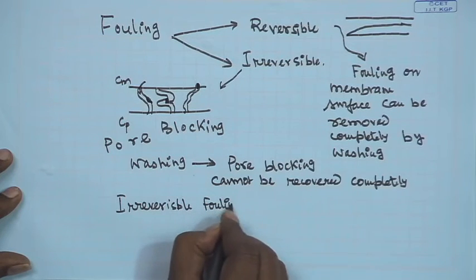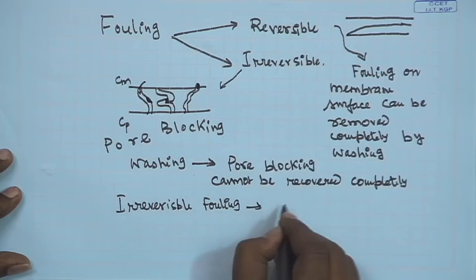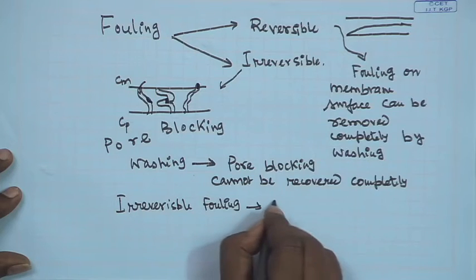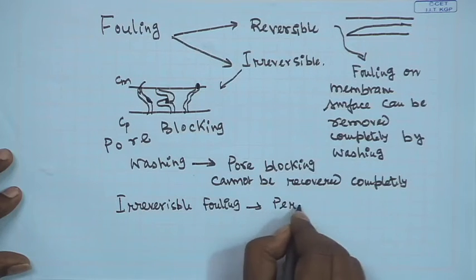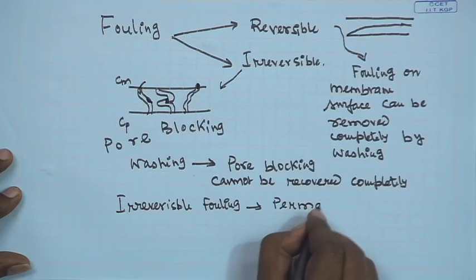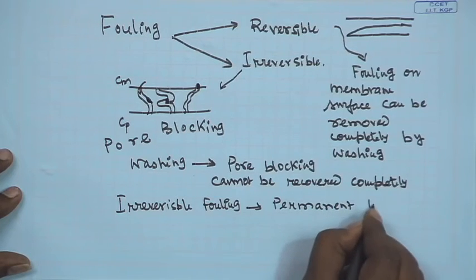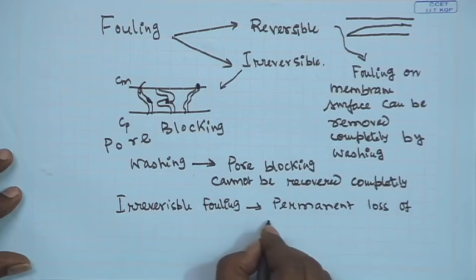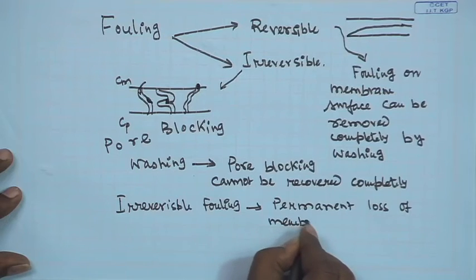Even after proper washing, some fraction of permeability is permanently lost, so it leads to permanent loss of membrane permeability.